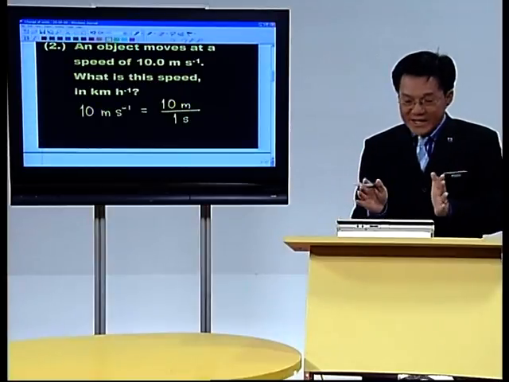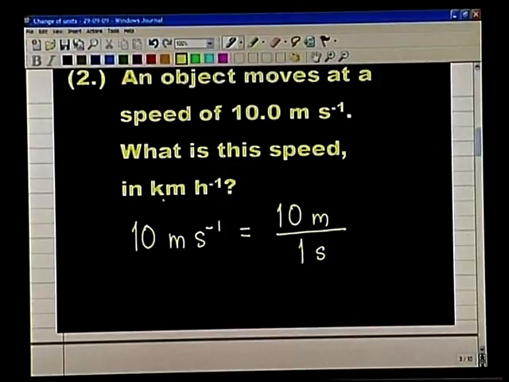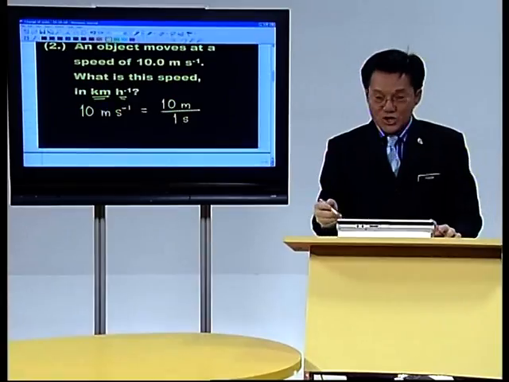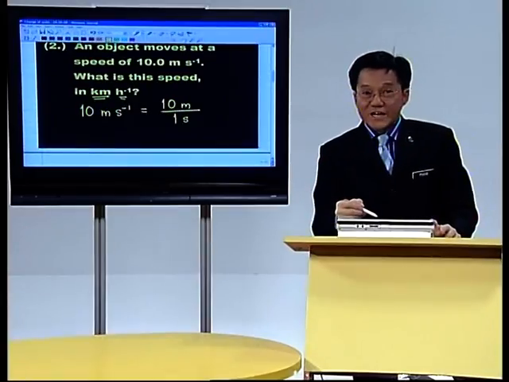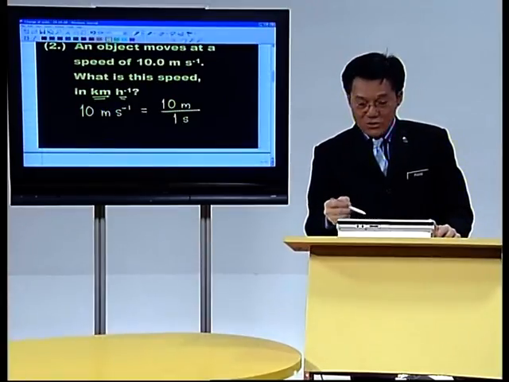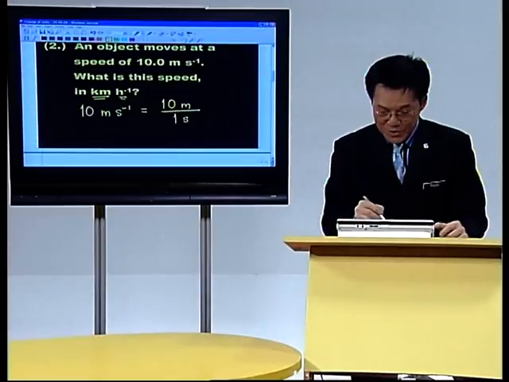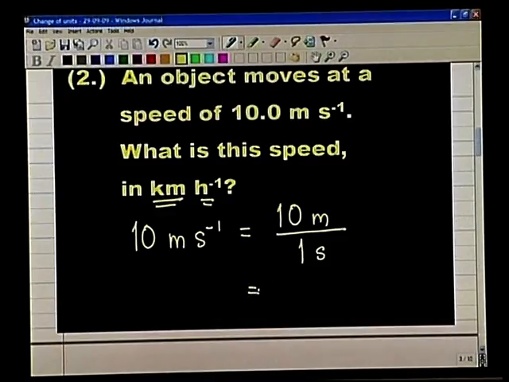Alright, so now my next job, as you know, is if you look at the question, I want to change it to kilometers per hour. So what do I do? I change 10 meters to kilometers. To change from meters to kilometers, I have got to divide it by 1000.